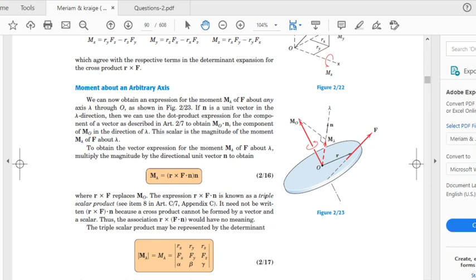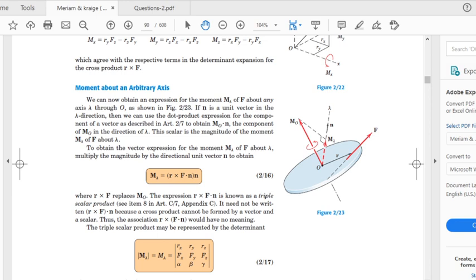So this r bar is the position vector starting from point O up to any point on the line of action of the force. We can write this position vector r bar, and we can also write the force vector F, and then we can take r bar cross F, that is going to give us the moment produced by the force about point O.